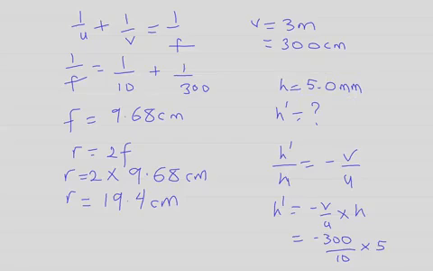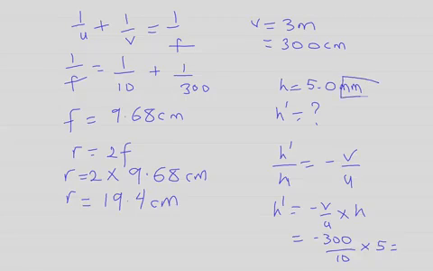The reason why I could use it like this is because this one and this one give us the same unit. Otherwise, I should change this to centimeter first and then apply it here, so that the answer I get would be in centimeter. But since I didn't change it, the answer I will get must be in millimeter. You can choose to use the one you like.